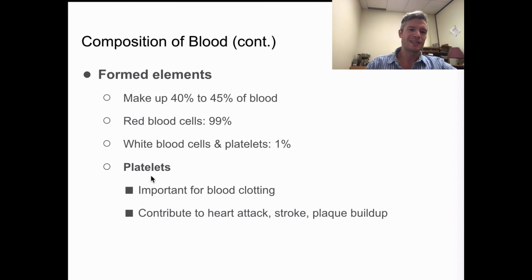And they play a role in this pathogenesis, or this process that occurs when our arteries start to harden. So you might have heard the term before, hardened arteries, or plaque on the inside of our blood vessels, or getting a heart attack because of a blockage.